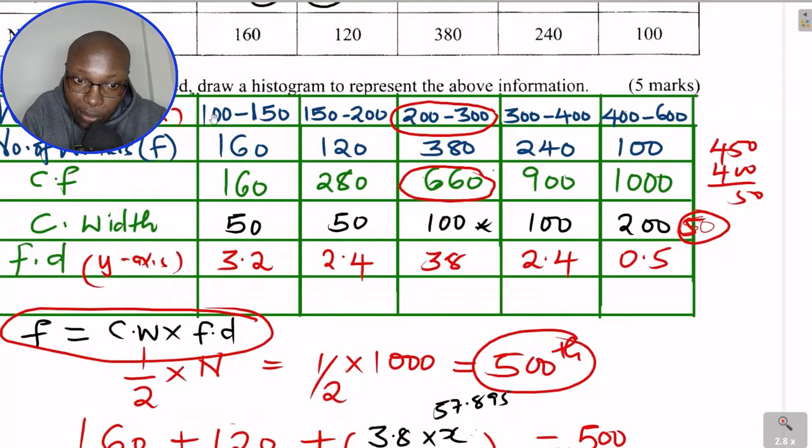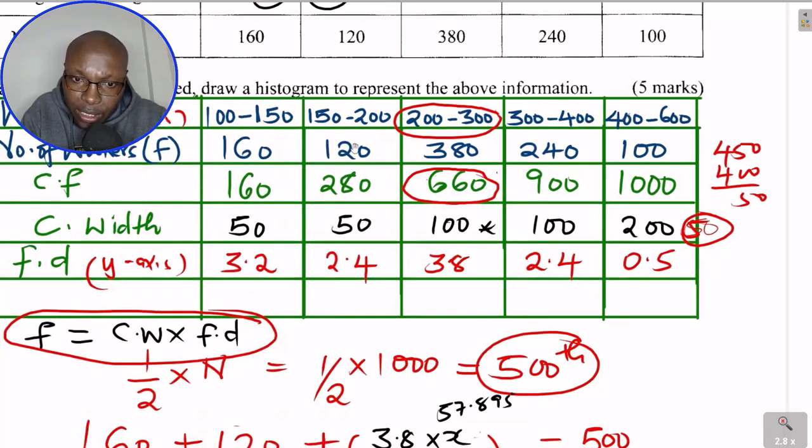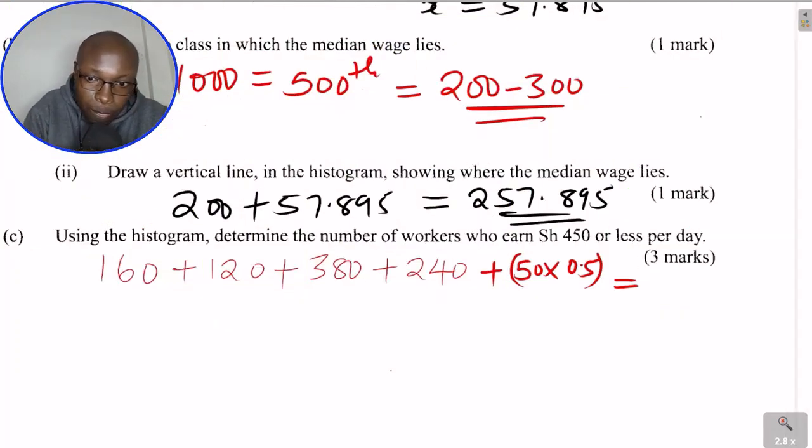All these earn from 100 all the way to 400, which is less than 450. So 160 plus 120 plus 380 plus 240 will give 900. Then in this class, from 400 we have 50 more. So to get the frequency, we take the class size, 50, multiplied by the frequency density, 0.5. When we do that, we will get the answer.